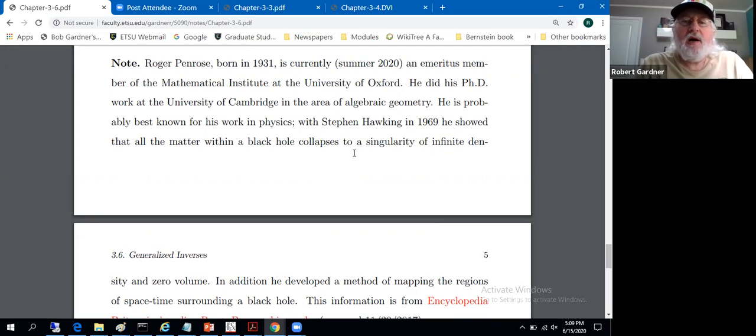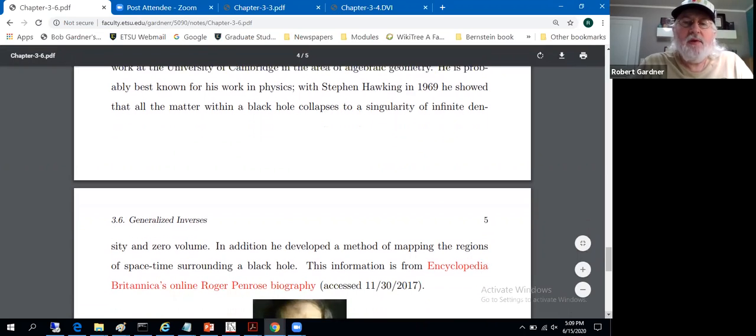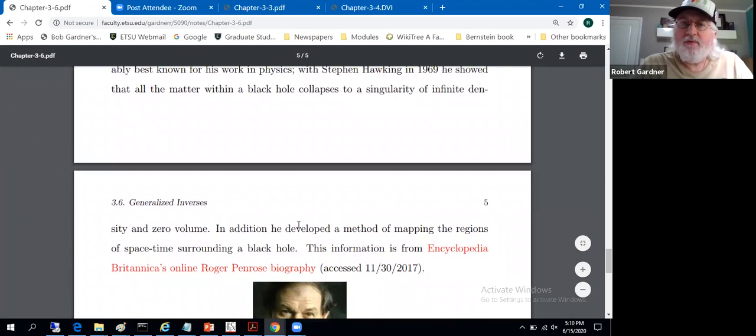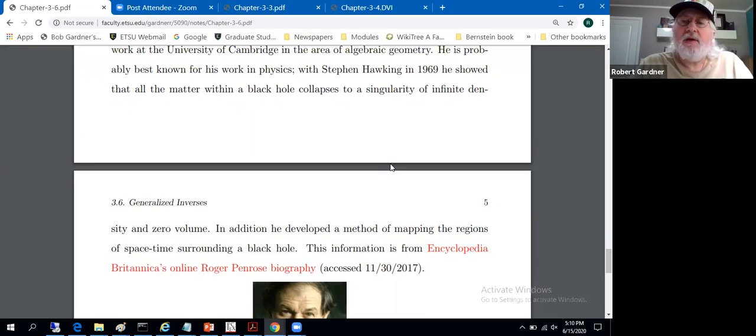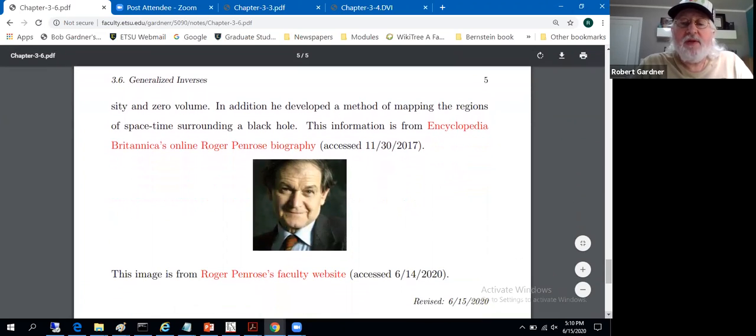It's Hawking and Penrose that show that a black hole collapses to a singularity of infinite density and zero volume, something freakishly wrong if you're a fan of quantum mechanics. I say if you're a fan of physics, anything physical that's infinite, I got a problem with. Maybe that's just me. But here's a picture of Penrose. His faculty website is still active as of today, or this era, summer 2020.